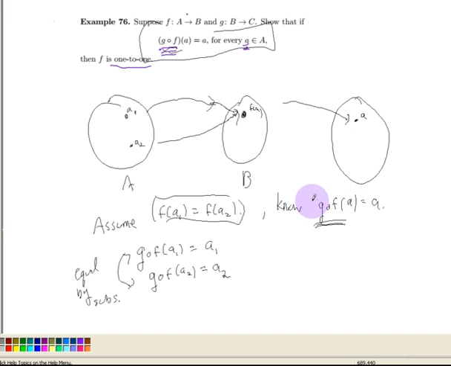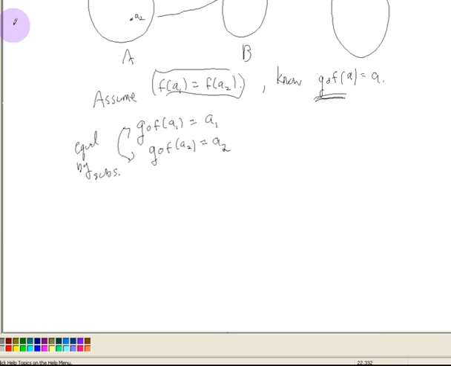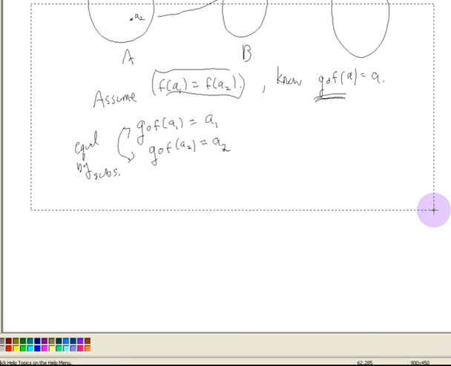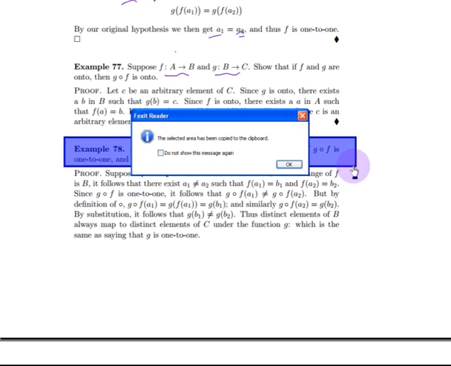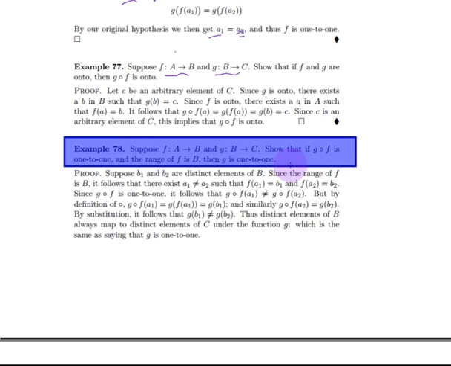Okay, can I scroll down here? Okay, let me just erase all this stuff. And let me copy what I want to prove, which is right here. Oh, I'm sorry, I'm doing this one.